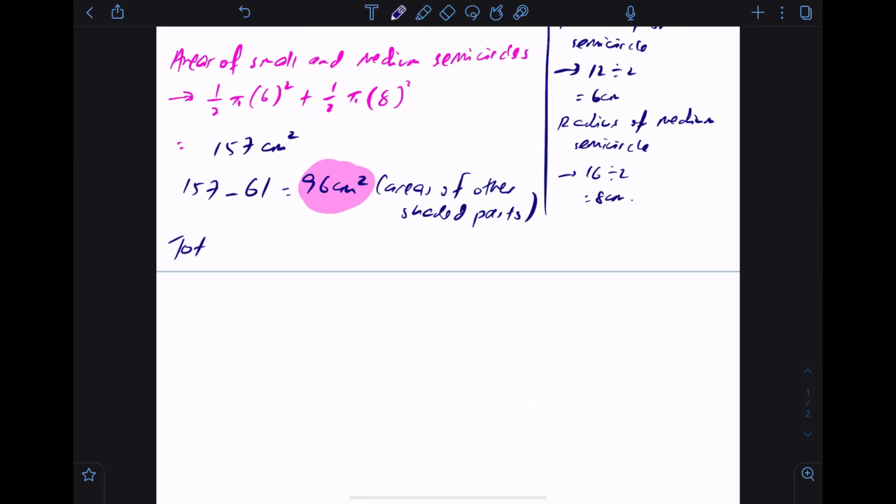So the total area of shaded parts is 96 times 2, or you can take 96 plus 96, that's fine as well. Okay, and that will give you a grand answer of 192 square cm.